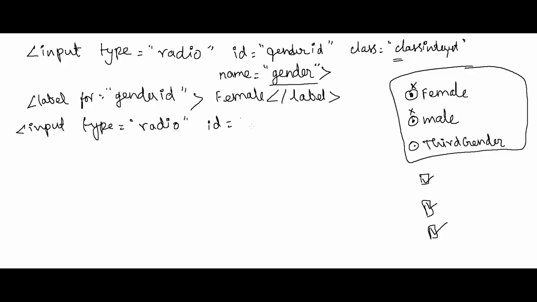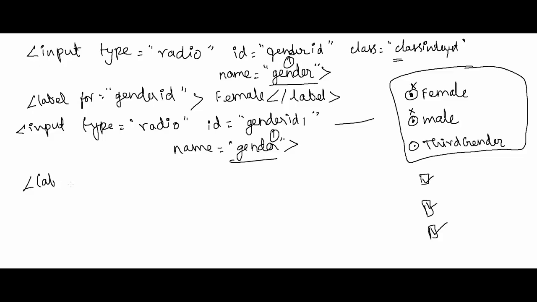ID is equal to gender ID 1. Okay, we can use class, and here name is equal to the same name. Then only it will be grouped. Kindly note, the name should be the same, right? This one and this one should be the same. Then only it will be grouped.